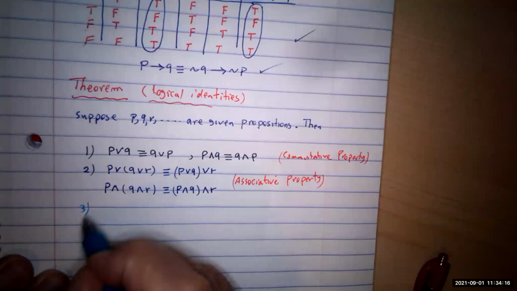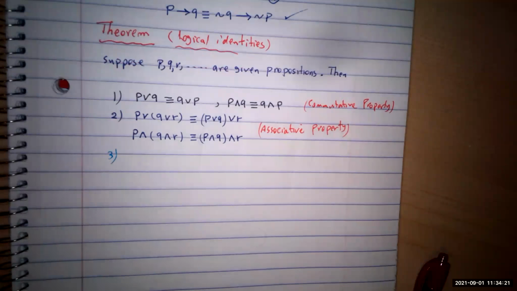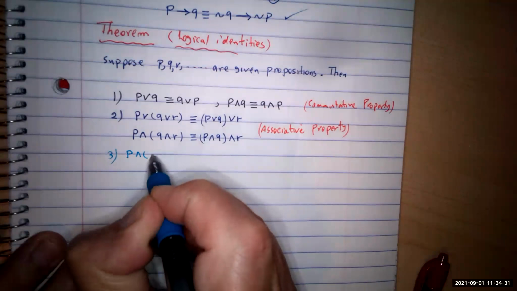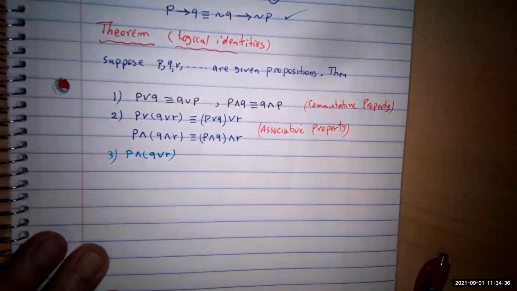This is a little bit different. You know that if you want to multiply something like 2 times x plus y, it would be 2x plus 2y. We just distribute it. It's the same thing over here. So for example, if you want to find P and Q or R, it's like A times B plus C. You can distribute it.